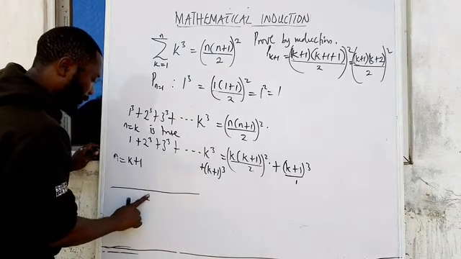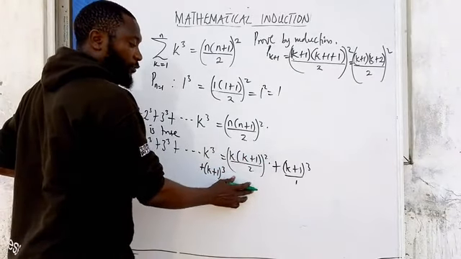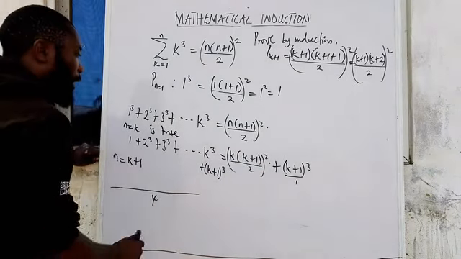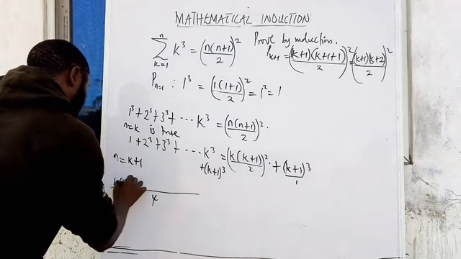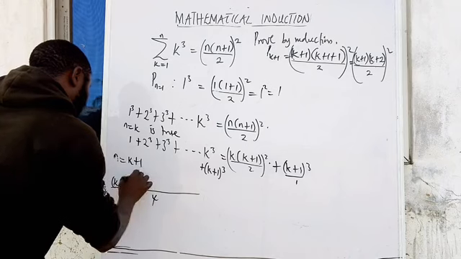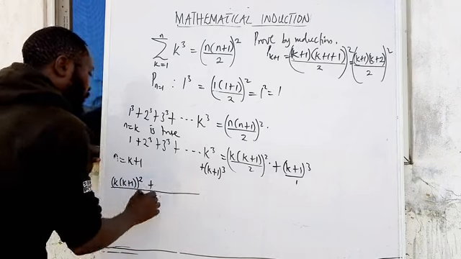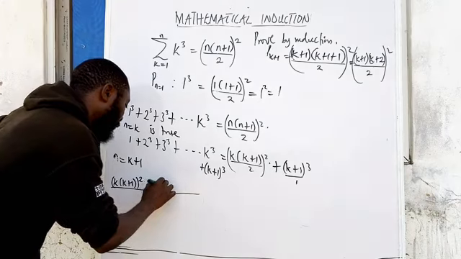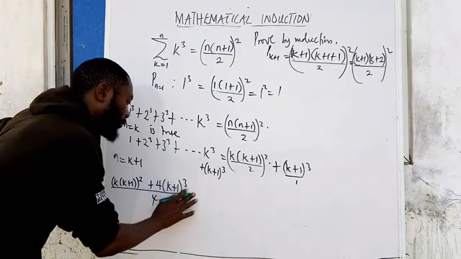The square will affect everything, so 2 squared is 4. Now, we have this here: k plus 1, everything squared, plus, now, how many times does 1 go into 4? 4 multiplied by that, that is 4 times k plus 1 raised to the power of 3.